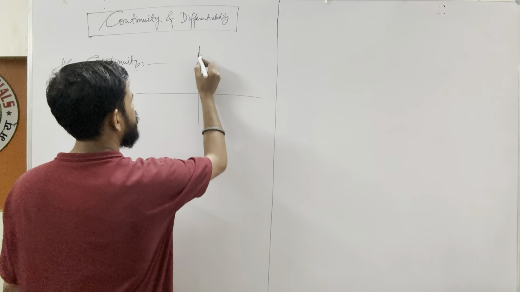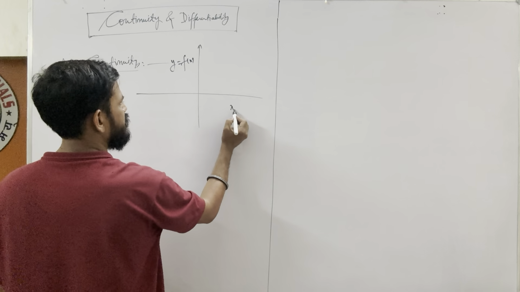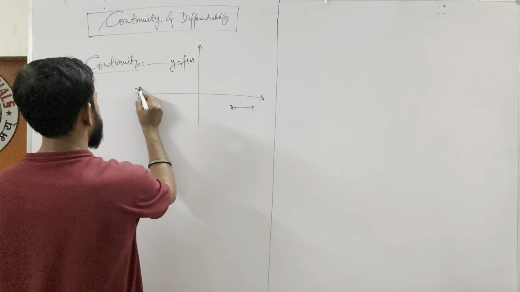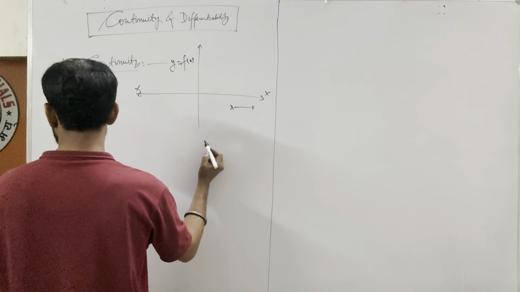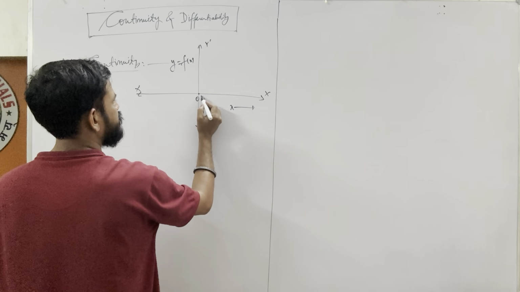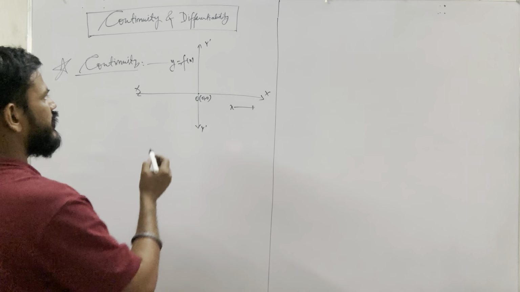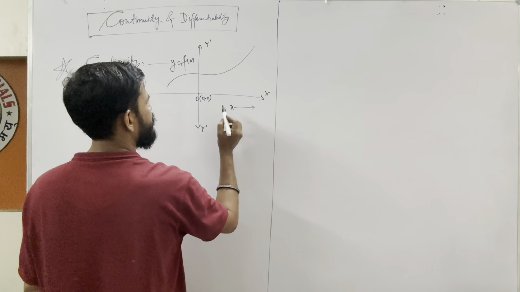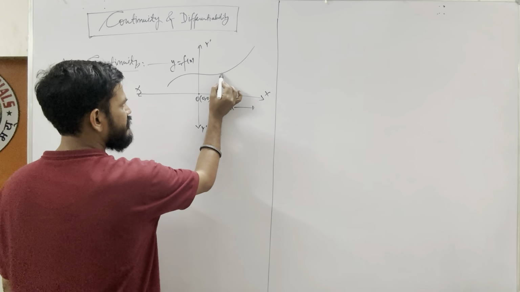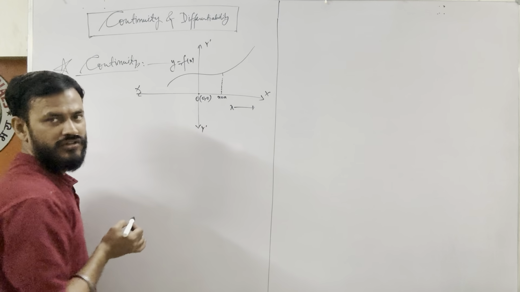Suppose there is a graph, y is equal to f(x), and this is the x-axis. Assuming a graph like this, we want to check whether this function is continuous at x equal to a or not.